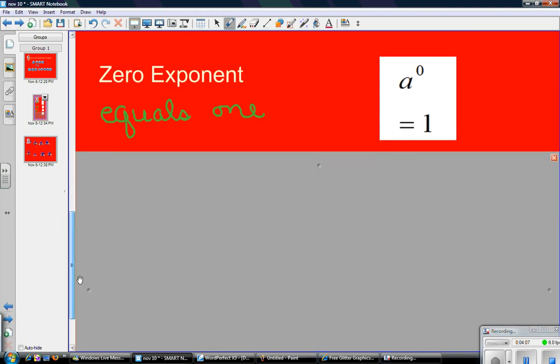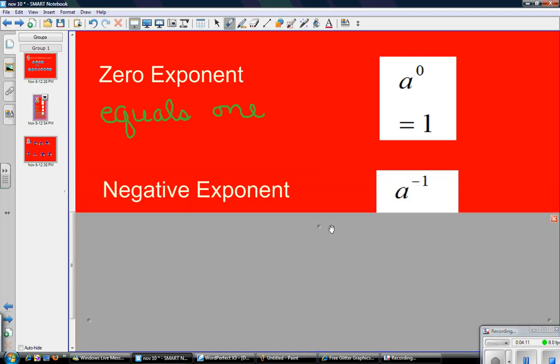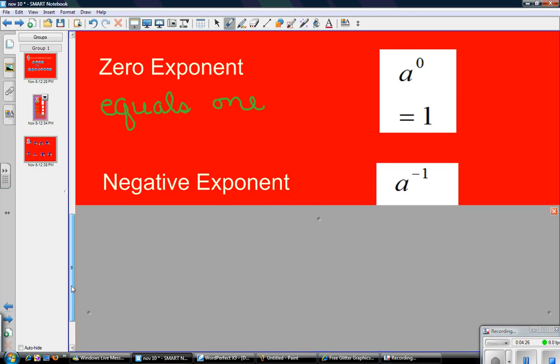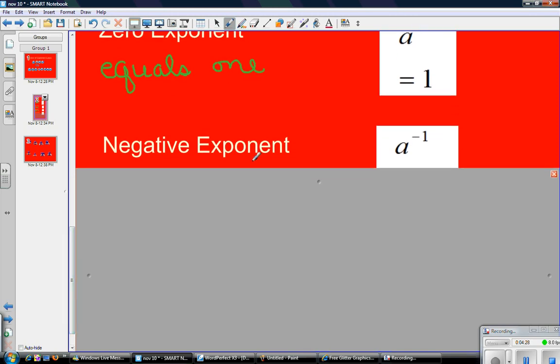Now the next one was one that some students find a little confusing, and that is our negative exponent. Get used to it. You're going to see them next year as well if you're taking the MAP 4C course. As well, there are other exponent laws that we're not looking at that rely on the information from this for next year. A negative exponent.